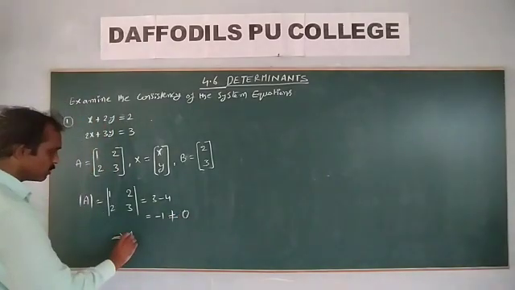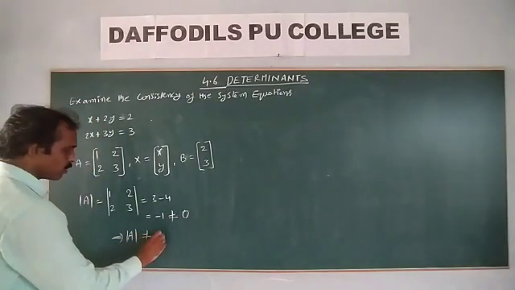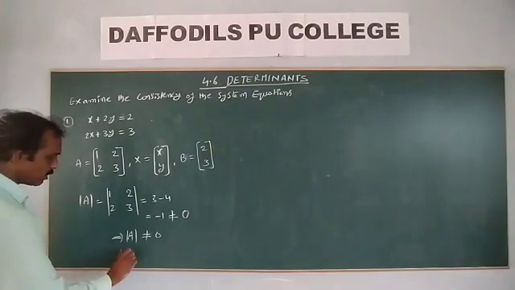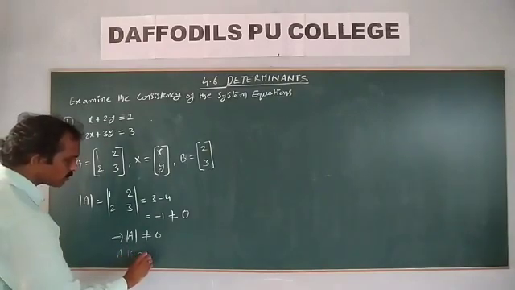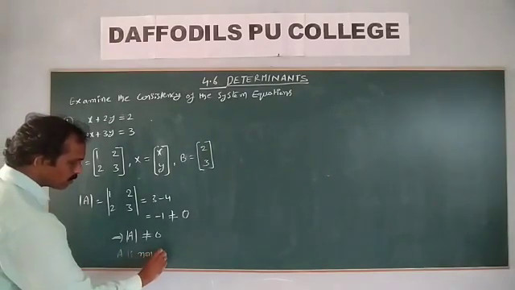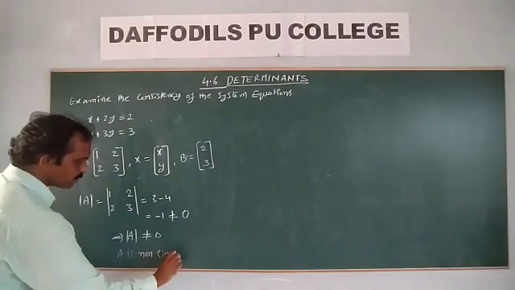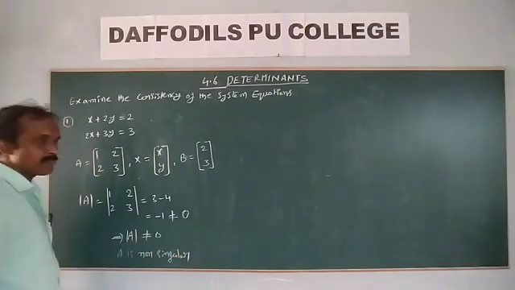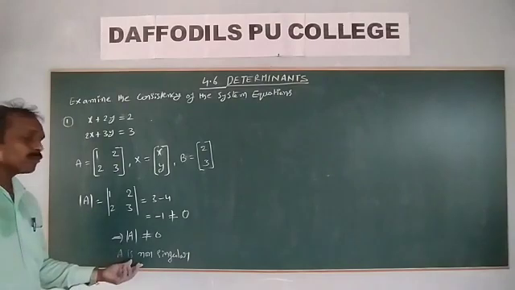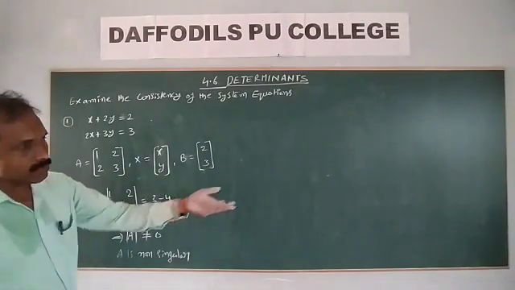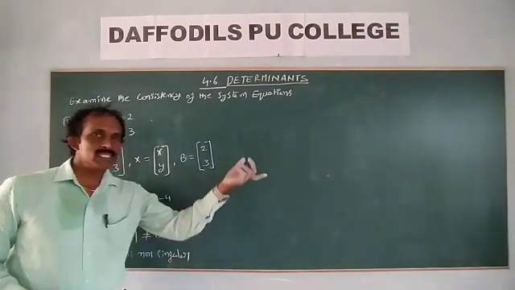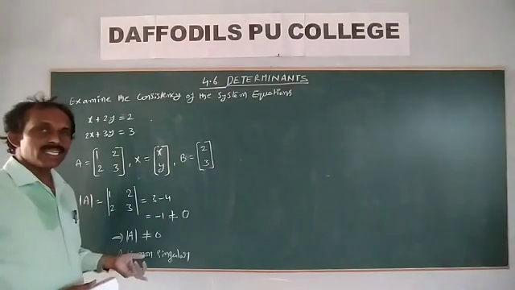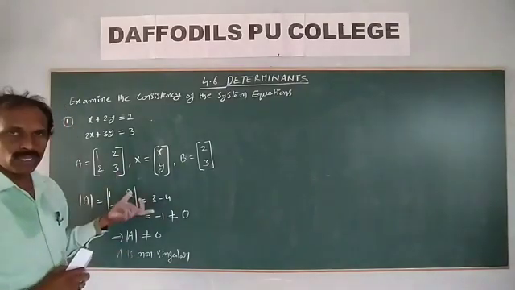That implies determinant A is not equal to 0, then A is a non-singular matrix. As explained before in case 1, A non-singular means a solution is possible. It has a unique solution.